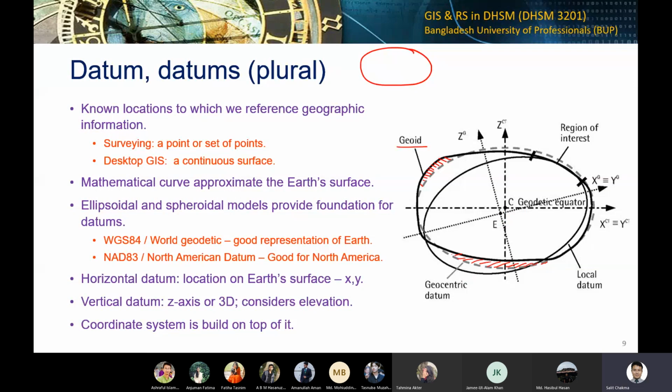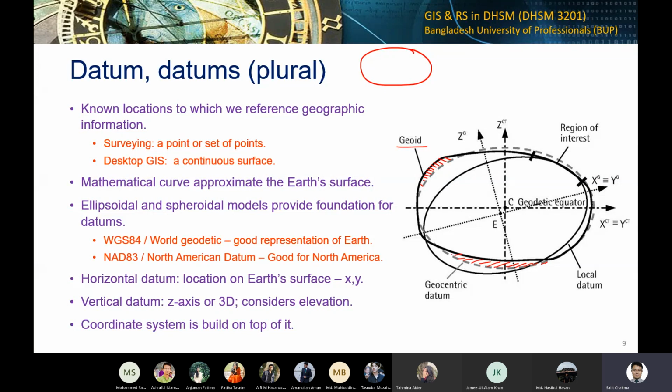The center of it is located at the center of Earth, and from the center of Earth we try to draw one spheroid and match the geoid as much as possible. And now, on the surface of this datum, we develop our own coordinate system, for example WGS 1984, which we have been talking about a lot.